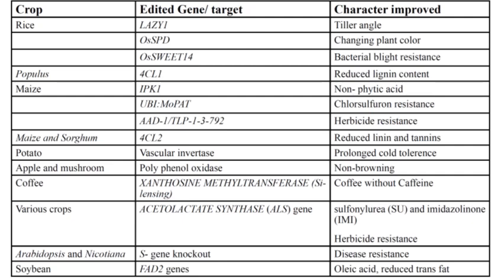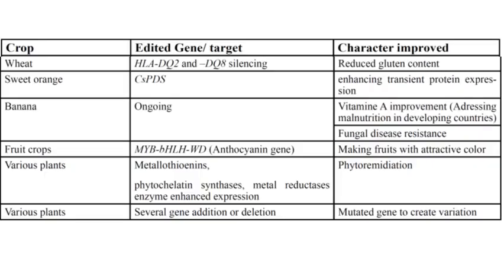In case of Arabidopsis and Nicotiana, the edited gene was an S gene knockout. By this, disease resistance was achieved. In soybean, the FAD2 gene, the character improved was oleic acid and reduced trans fat. In wheat, HLA DQ2 and DQ8 silencing, the character was reduced gluten content.